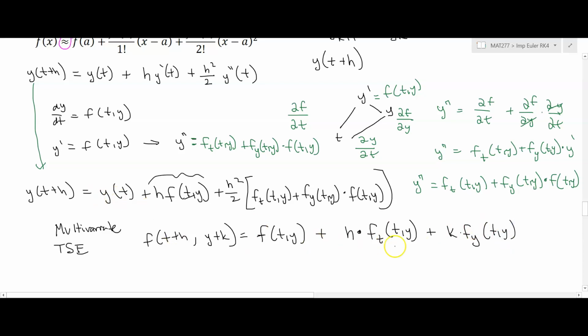You notice that this is really just the same thing as the original Taylor series expansion, except it includes a term for both the t component and the y component. But this is all we really need.